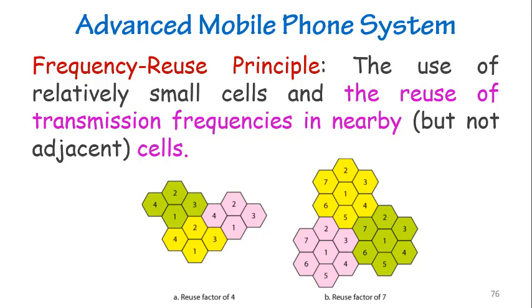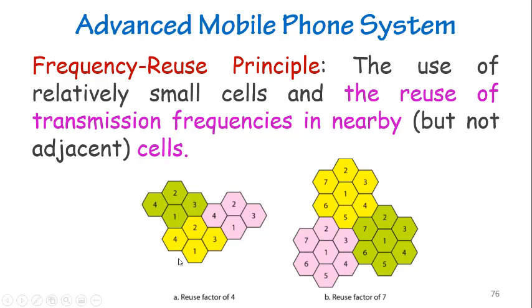The use of relatively small cells, and the reuse of transmission frequencies in nearby cells, but not adjacent cells. You can see in this diagram, for example, there is a 1, and then adjacent to it you can't use that same frequency.